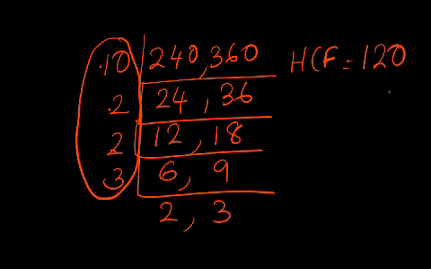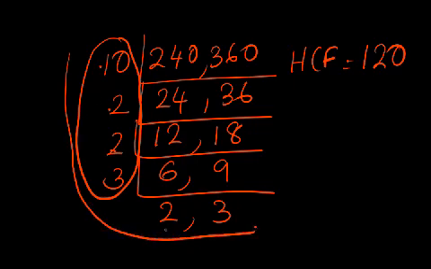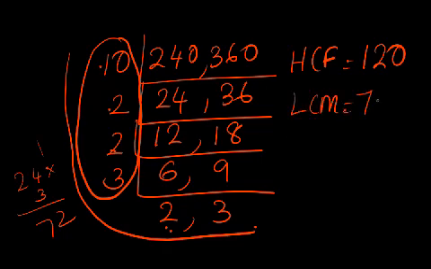So HCF is equal to 120. Then LCM will be the product of all these numbers. 120 into 2, 240. 240 into 3, 720. So LCM will be 720.